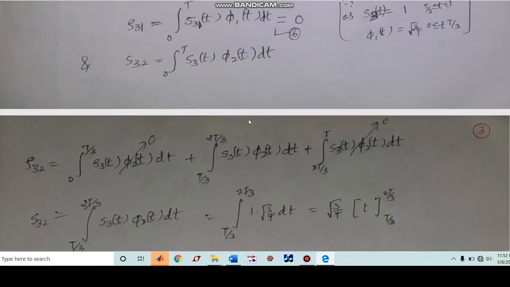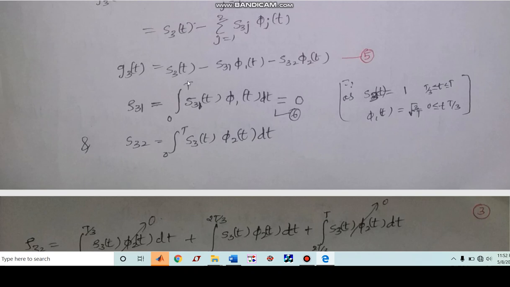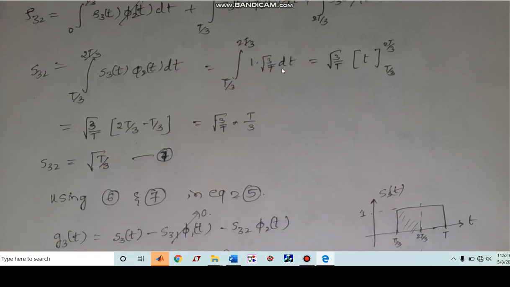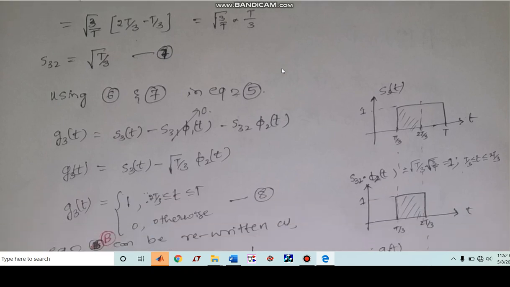Equation 6 is here, this value is 0, and 7, that is the s32 value, is there. If we substitute those two values, square root of t by 3 and the phi 1, phi 2 values, then we'll get this equation. You can see as s31 is 0, this will become 0.